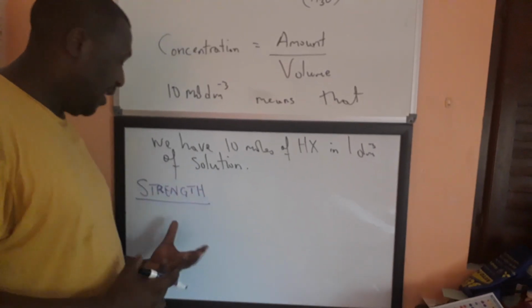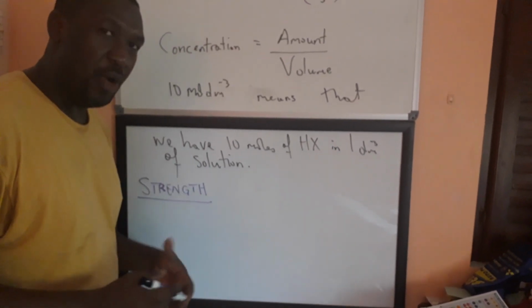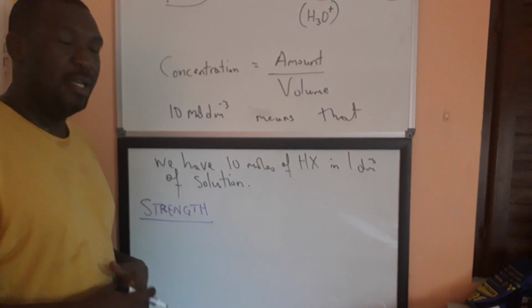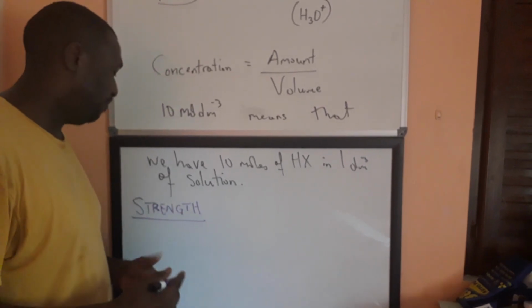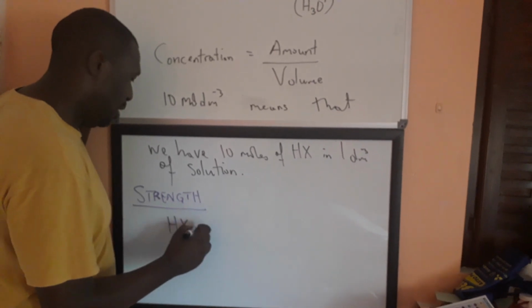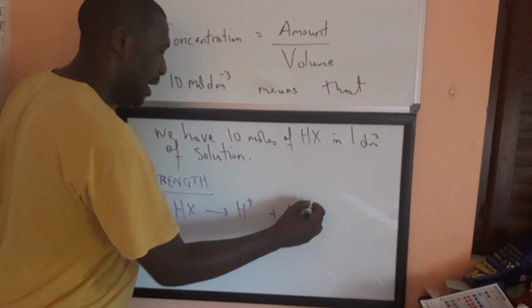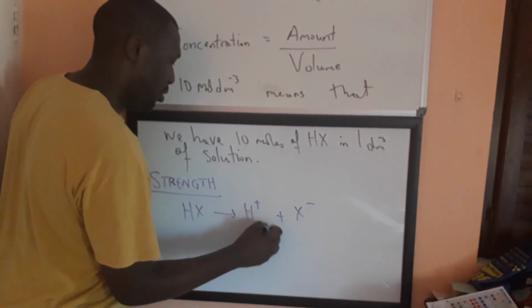Now, the strength of an acid is really a measure of how dissociated or ionized the acid is in solution. So, we know that the acid dissociates to give us H+ and an anion in solution.